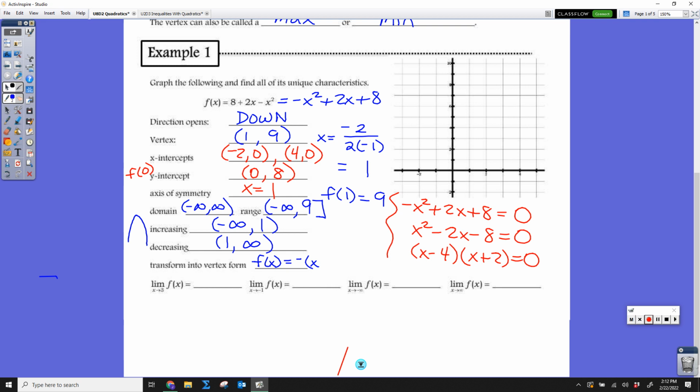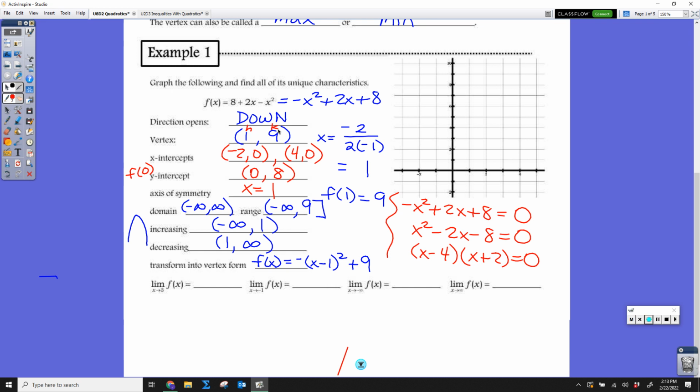We know our vertex, so it's x minus 1 squared. And then we know our k value, the 9, right? Plus 9. So just to reiterate it, this is h and k, right? The 1 and the 9. So it goes into our vertex formula from up the top. Everybody see how we got this line right here?